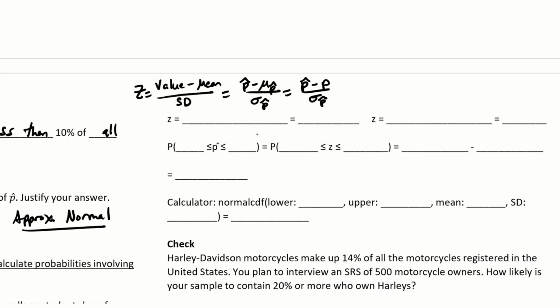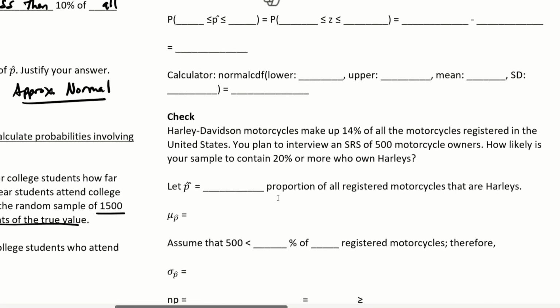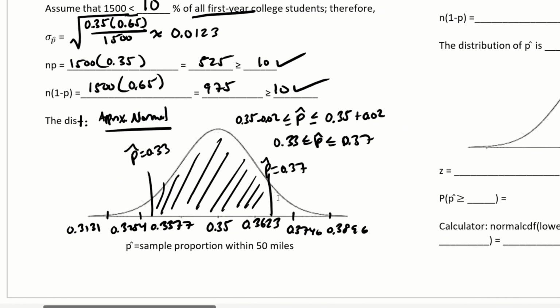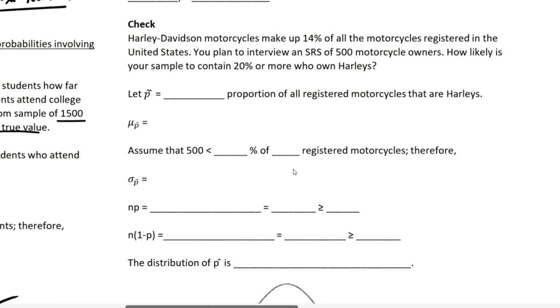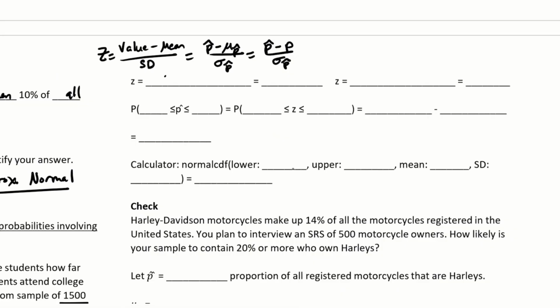Okay, so we're going to calculate two z-scores. One of the p hats is going to be 0.33. The other one's going to be 0.37.